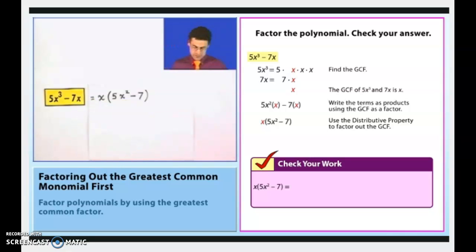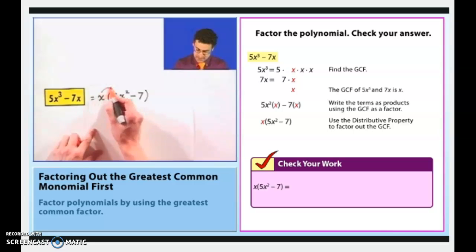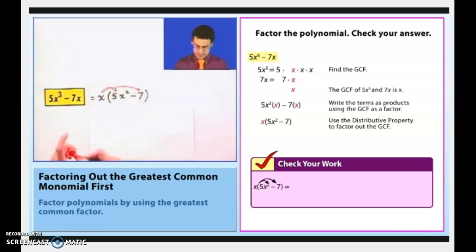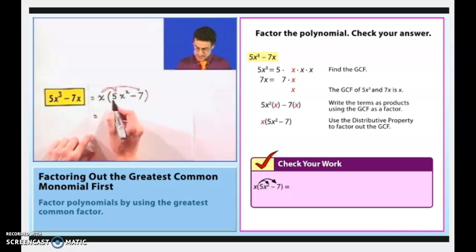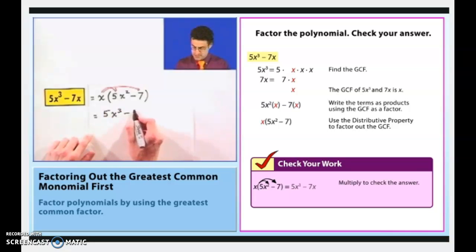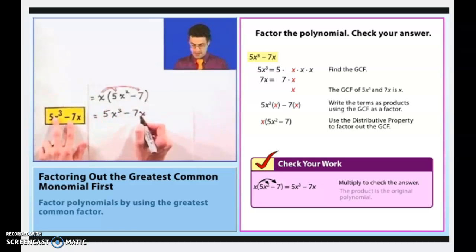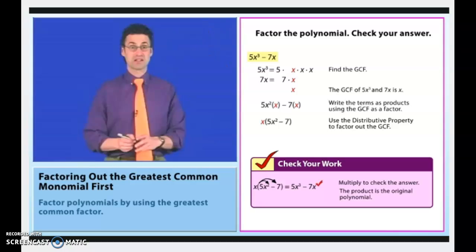If we do that, we take the product: x times 5x squared, combining like terms, gives 5x cubed minus, and then 7 times x is 7x, and we get the same answer. So in fact, this is the correct factorization.